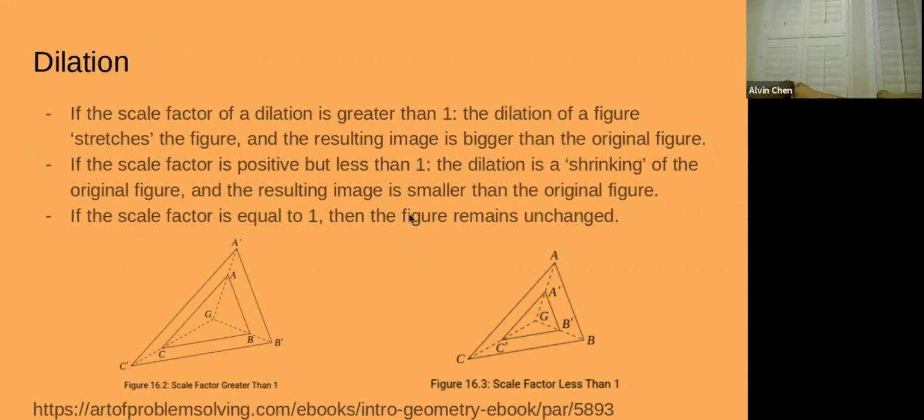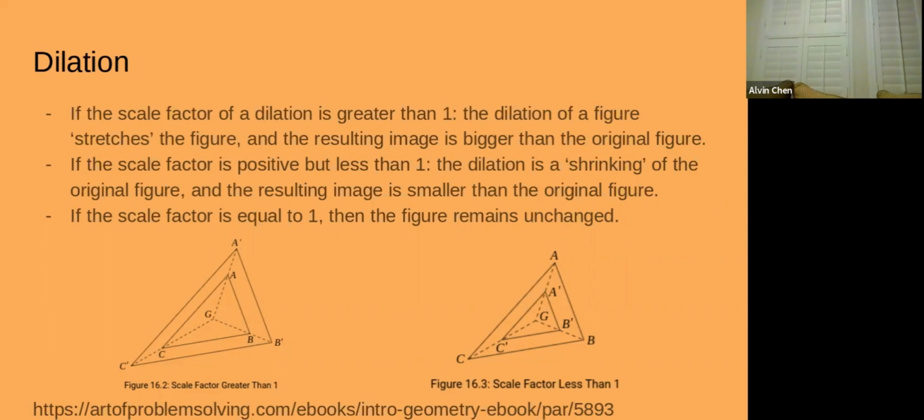Another thing: two shapes, if they're dilated, the scale factor is equal to the square root of the ratio of their areas.